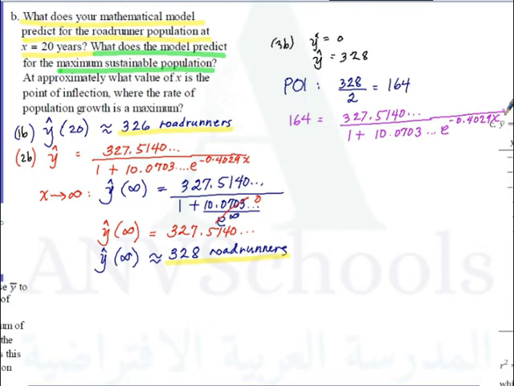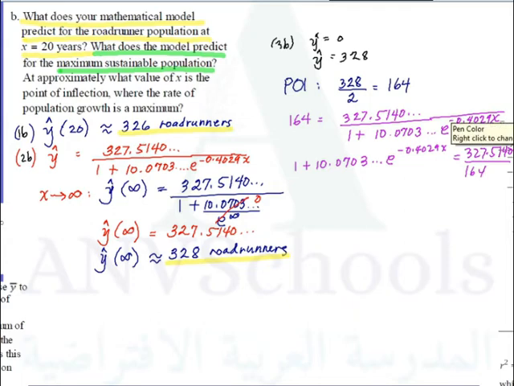Rearranging this equation, 1 plus 10.0703 e to the negative 0.4029x is equal to 327.5140 over 164.